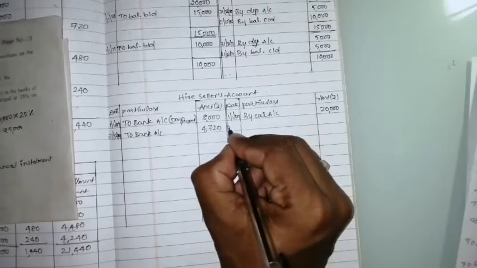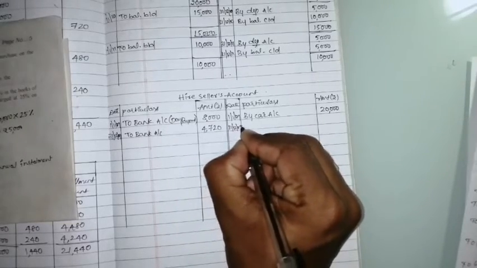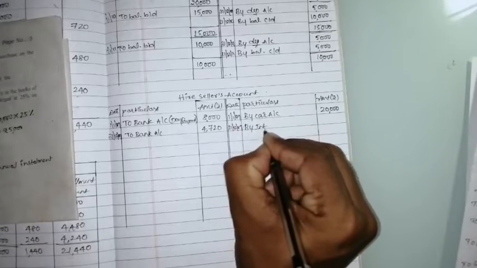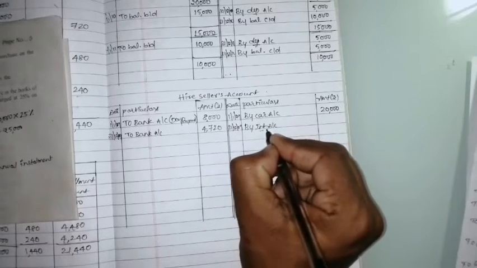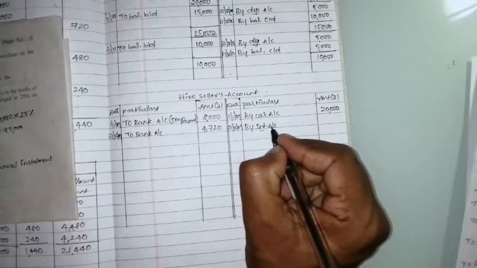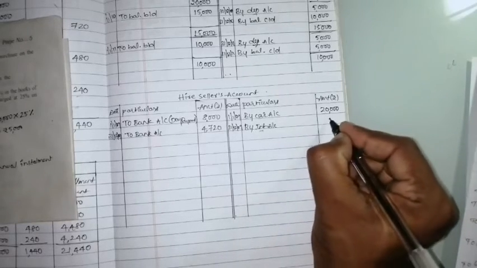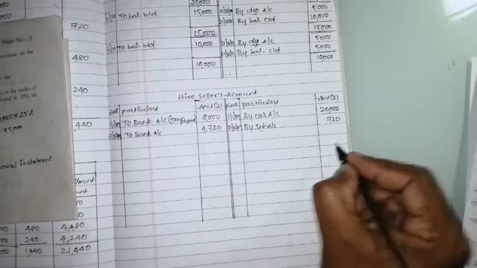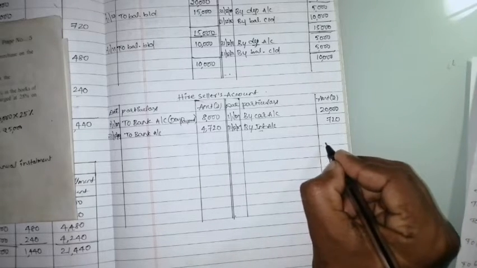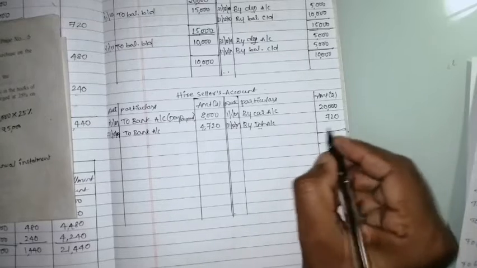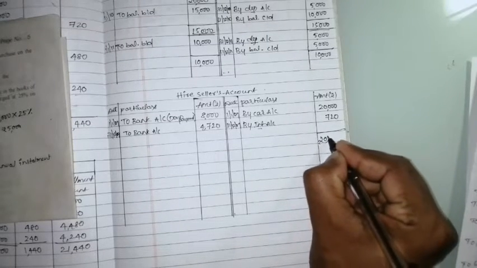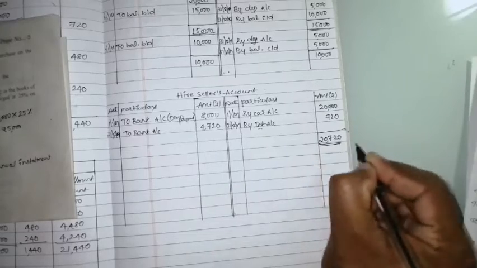4,720. So on 31st December 2009, we deduct the interest from that, by interest account. This entry is made for the transfer of interest to the profit and loss account, 720. Clear? After the totaling, the credit side is more, 20,720.